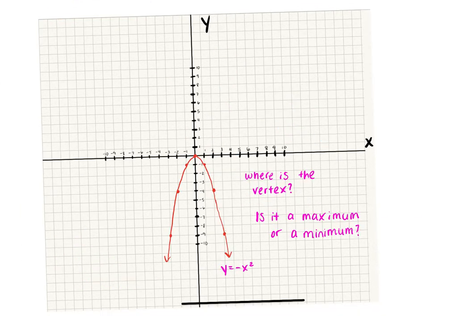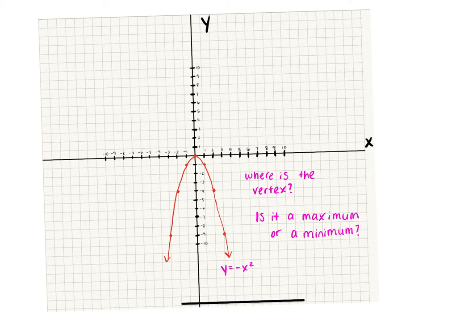Negative x. y equals negative x squared. So every single positive value for y that we had is now negative. What we did was we took the graph, which was facing upwards, and now we changed everything to negative. So now it's completely flipped on the other side and it's going down. If we look at this graph, what's the minimum value?